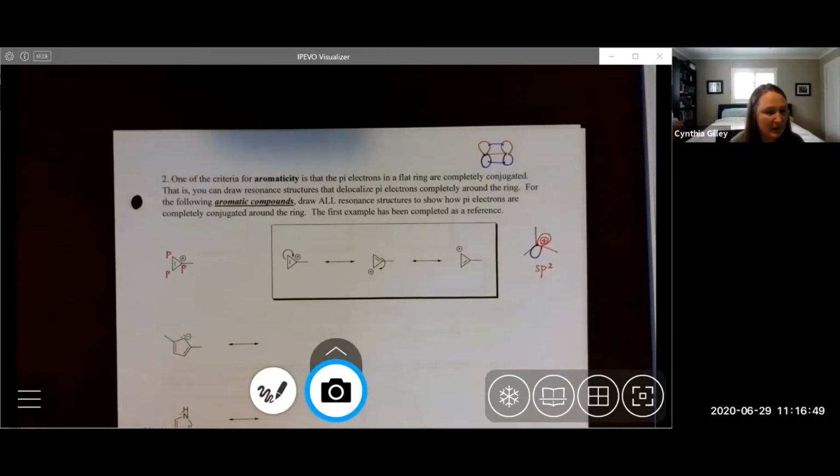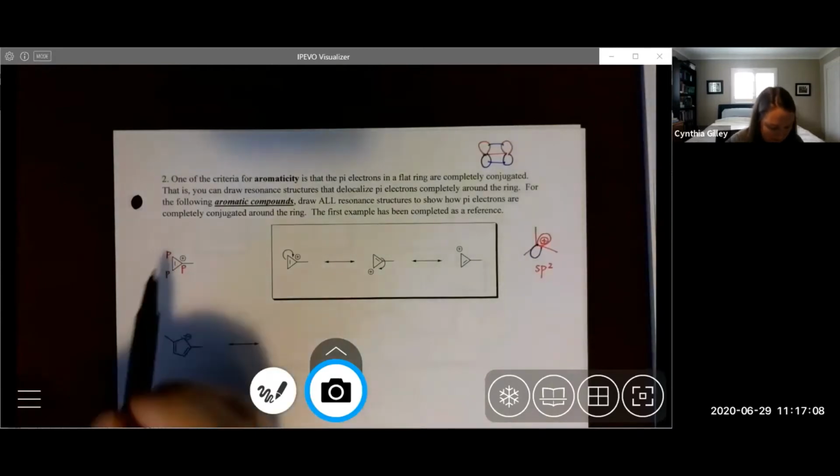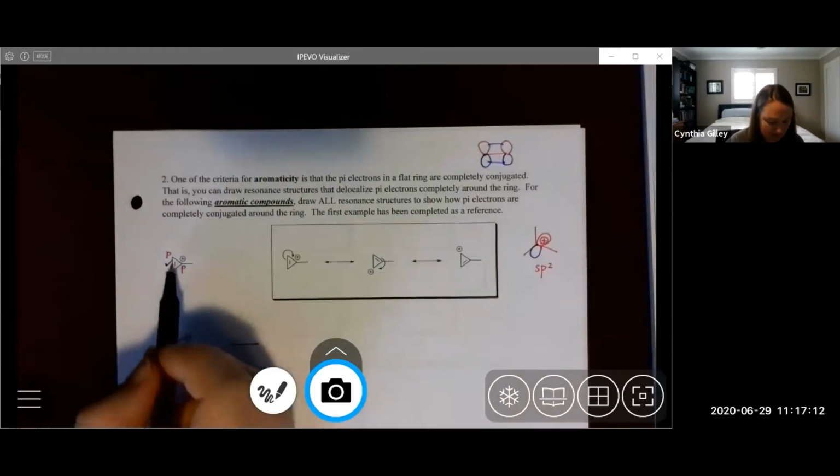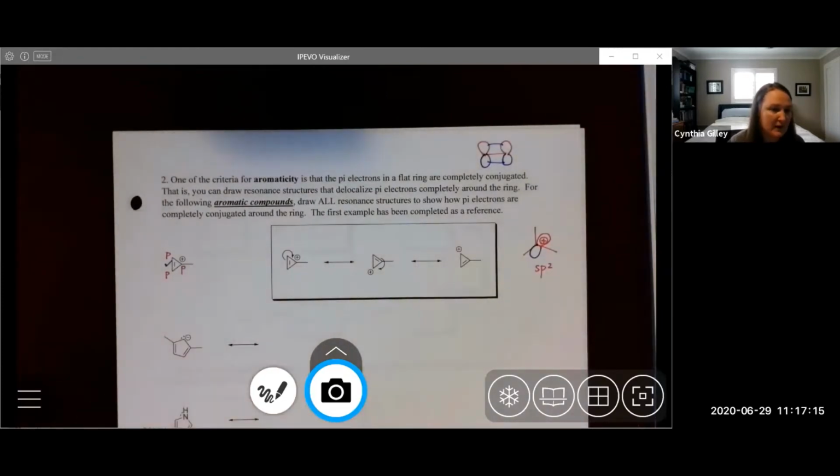But it's potentially easier not to worry so much about those numbers, but to think about the number of electron pairs. So you can either say it's got a Huckel number of electrons, or it's got an odd number of electron pairs. For example, this has 1 electron pair from the pi bond and no electron pair from the carbocation, because remember there's no electrons in that p orbital. So it has a total of 2 electrons, which is a Huckel number.